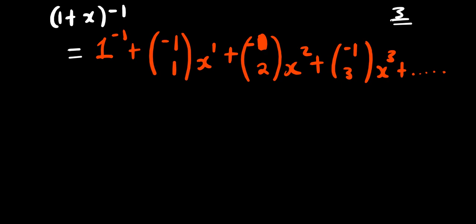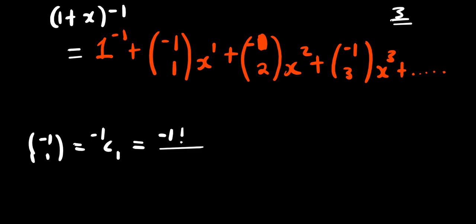So now what are you going to have? Your job is just to find these combinations. Let's start with the first one, negative 1 choose 1. How are you going to solve this? Negative 1 choose 1 is equal to negative 1 factorial over negative 1 minus 1, which gives me negative 2 factorial, and 1 factorial.